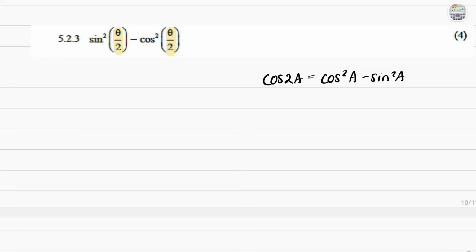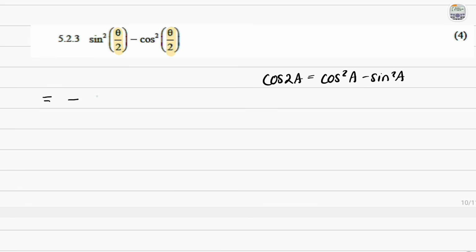So here's the thing. The problem with this is that it's not in this order, and that is fine. What we could do is just notice that this cos squared theta over 2 is negative, while our cos squared a is positive. And this sine squared theta over 2 is positive. Sine squared a is negative. Okay, so all that happened here is there's a common factor of -1, and we just need to take it out.